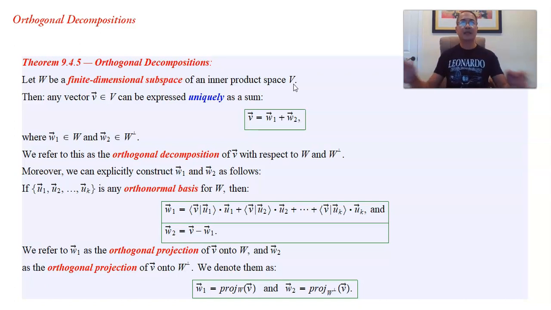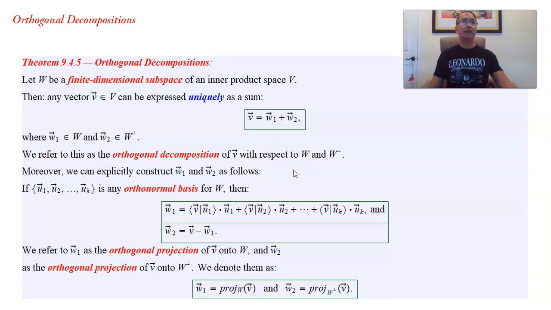But of course in our examples, the ambient space will also be finite dimensional. Then, any vector V from our ambient space can be expressed uniquely as a sum. V is W1 plus W2, where W1 is from the subspace W, and W2 is from its orthogonal complement. We refer to this equation as the orthogonal decomposition of V with respect to W and W perp.